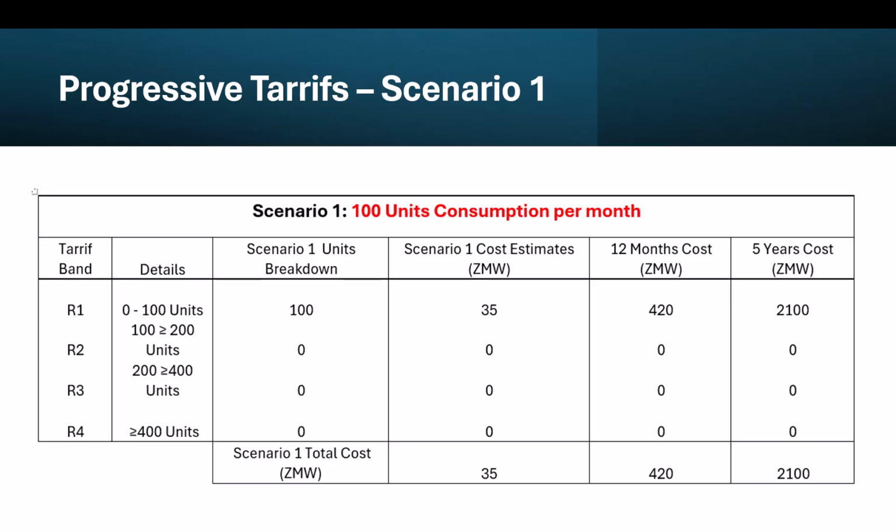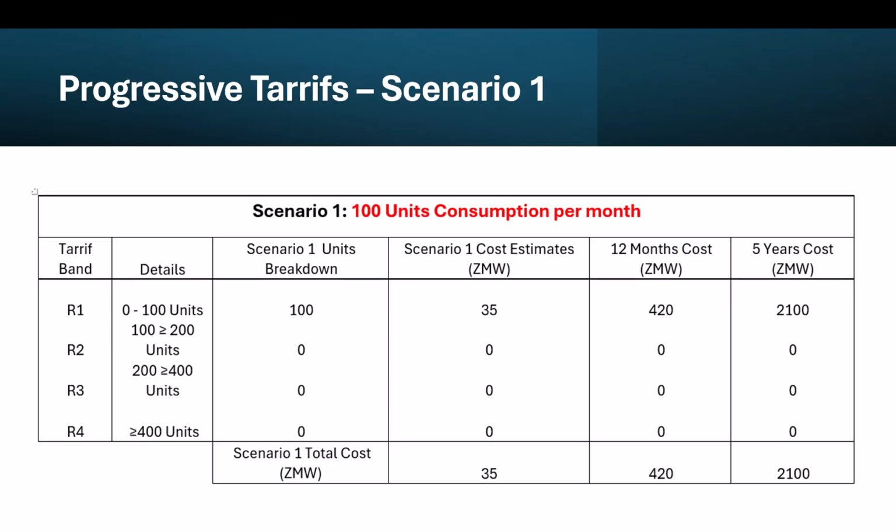What I see as an optimal scenario is someone investing 5 years of their consumption in a solar system that can help them either reduce their consumption or probably go off ZESCO or use ZESCO as a backup.